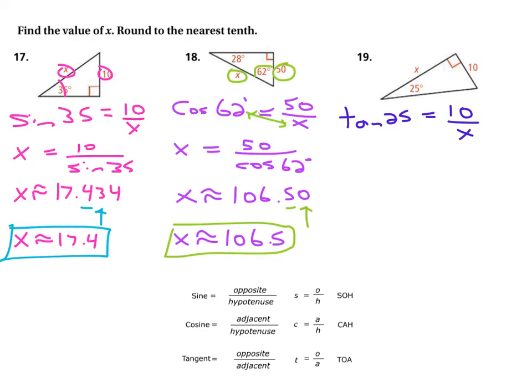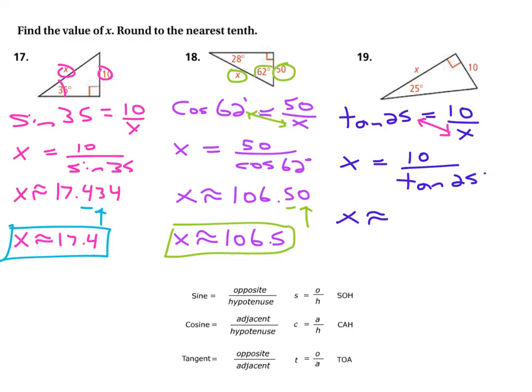And again, if the variable is on the bottom, we need to isolate it. We can switch these two. What does this look like? These two switch, leaving you with x is equal to 10, still on top, over tangent of 25. Now that's on the bottom instead of x.